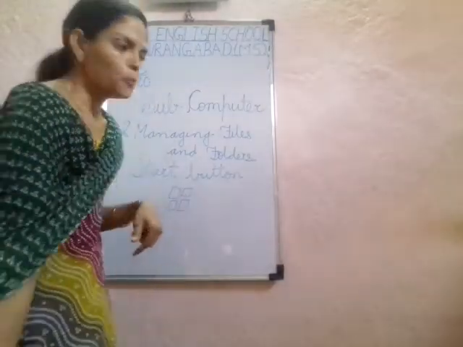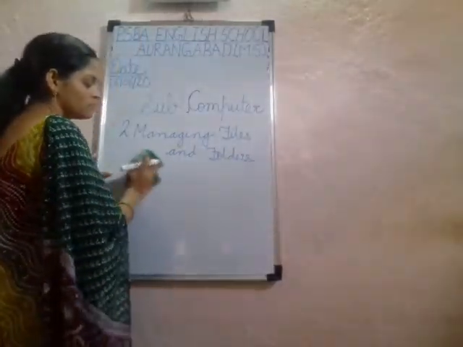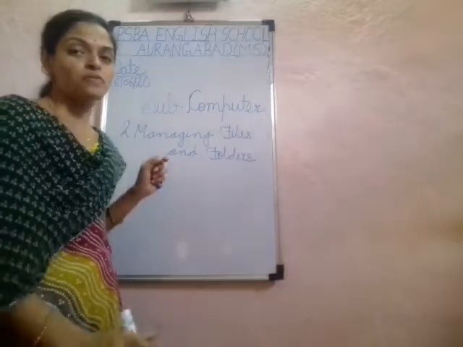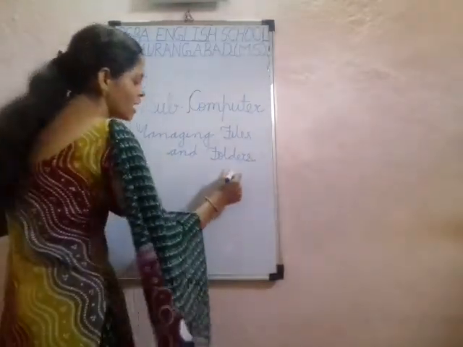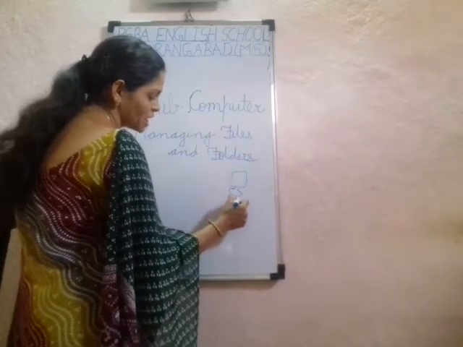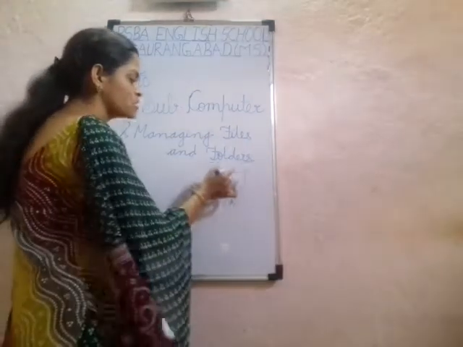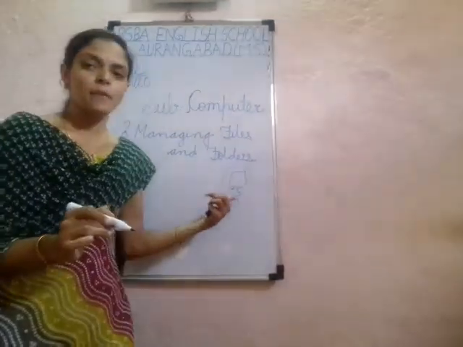Understood? Now as we know, on the desktop there is an icon of the PC. See, like a computer, a small icon is there, and below that there is this PC. So this icon we are calling PC.